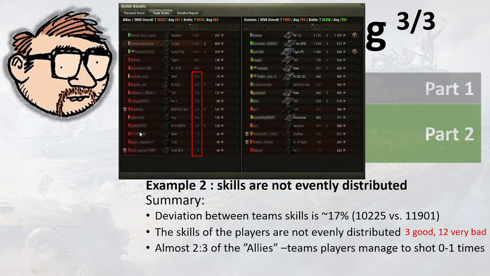Only 5 players in my team had some kind of effect in terms of damage, or let's say they did more than one shot, and the rest of the team members did one shot or less, so zero. So basically they were tourists. Yeah, absolutely. Obviously the enemy had tourists too, but much fewer.